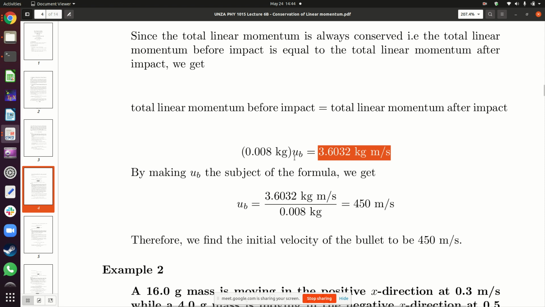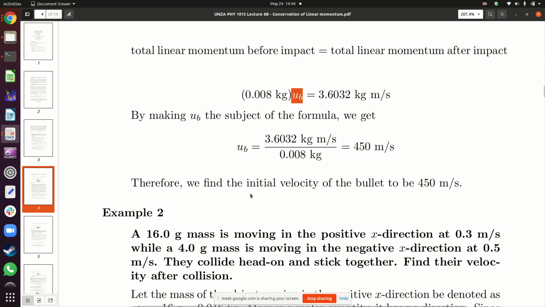So with this expression, you can work out UB by dividing both sides by 0.008 kgs. When you do that, you end up having UB, which is the velocity of the bullet, equal to 3.6032 kgs meters per second divided by 0.08, and you end up having a velocity of 450 meters per second.